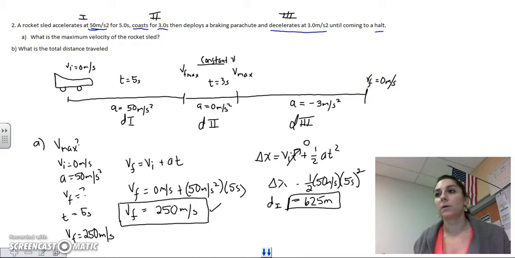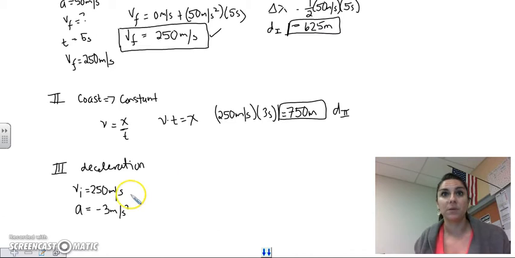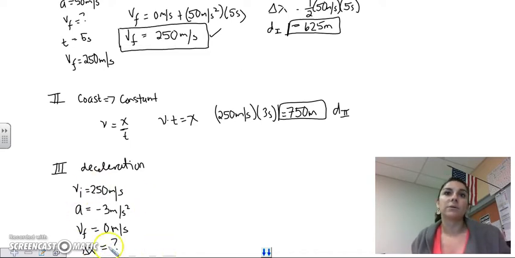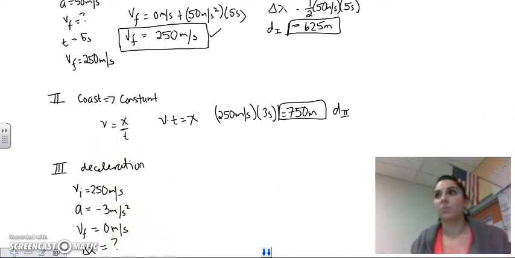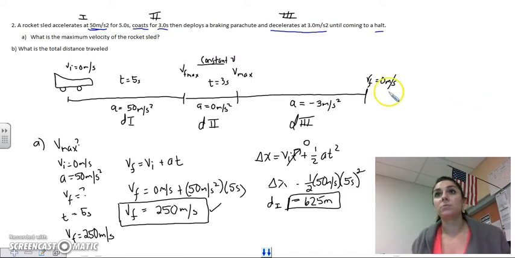The only other thing that we could use is, because it's coming to a halt, we can actually assume that the final velocity is 0. So there's our pieces of information, and we need to know the distance. So I'm going to use the distance symbol, which is delta x. Even though it looks like we don't have a lot of information in the problem, in terms of numbers, we actually do. And we're using a lot of assumptions from the problem.